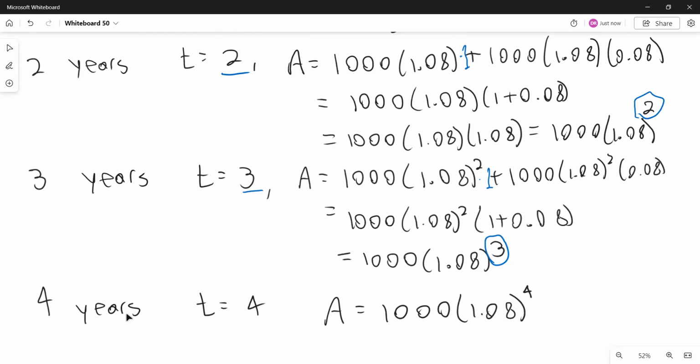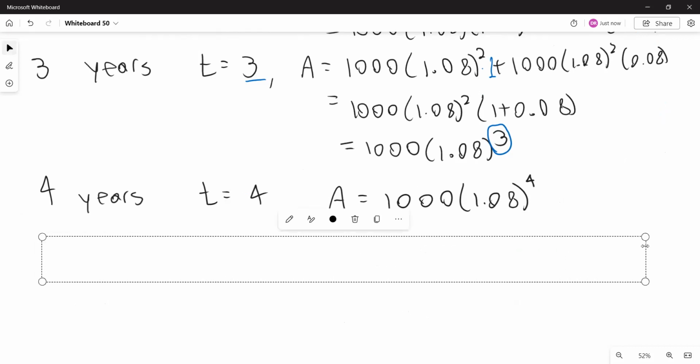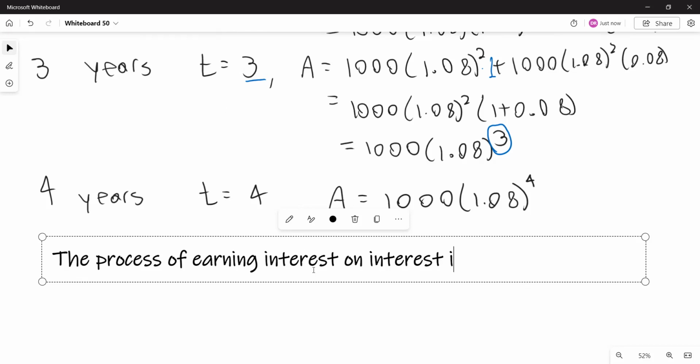I discussed first simple interest, and in simple interest, interest is earned only over the initial deposit. In this process, the account is earning interest over interest over interest year after year. So the process of earning interest on interest is called compounding.